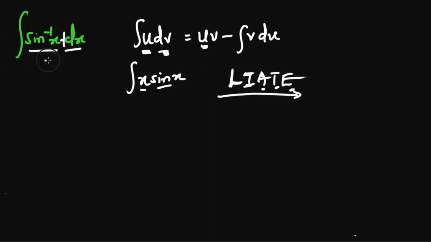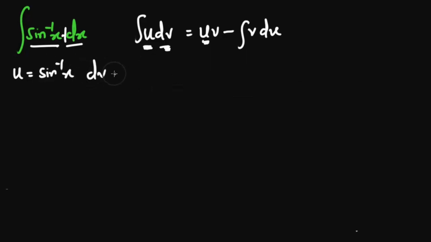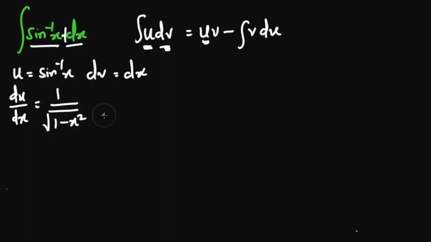So for this particular problem, we're going to choose u to be equal to the sine inverse of x, and we pick dv to be equal to 1 dx, or let's just say dx. Next, we differentiate u. Differentiating with respect to x, when you differentiate the sine inverse of x, you have 1 over the square root of 1 minus x squared.